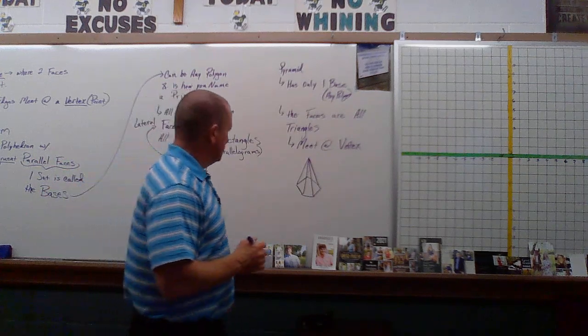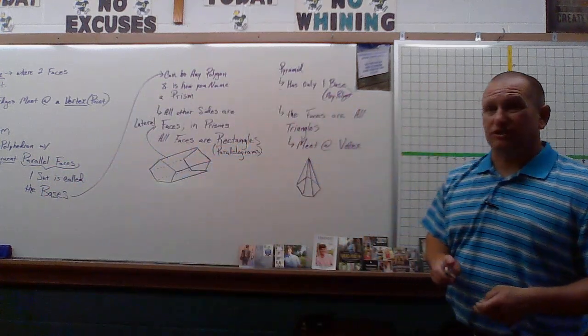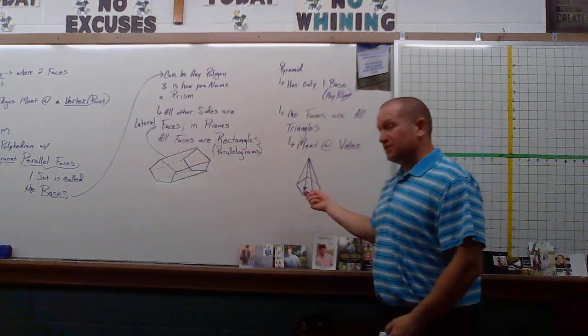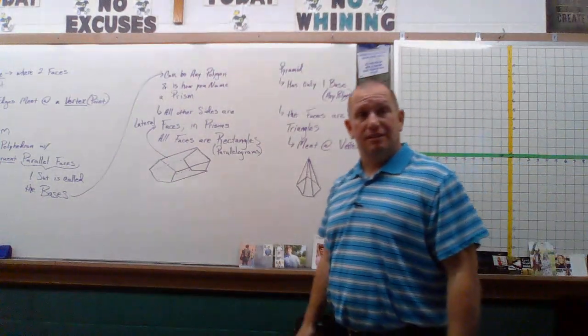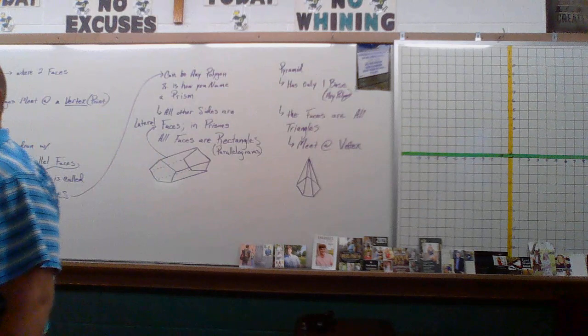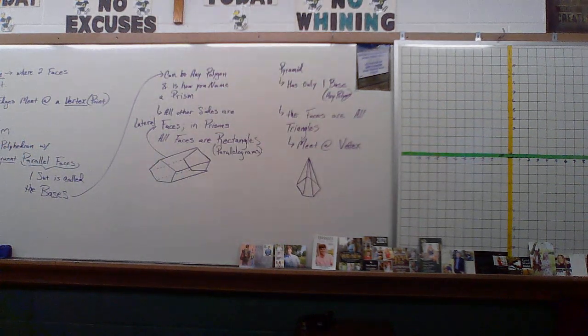So it looks a little weird because my pentagon wasn't drawn very good. It's not a what kind of pentagon? A regular one. A regular one makes my pyramid and my prism look what I would call pretty, right?